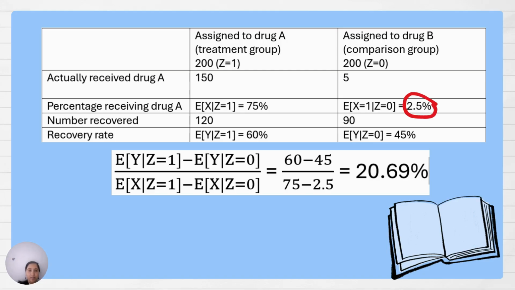If there was 100% compliance, this value would be 100 and this value would be 0. But here we are showing non-compliance.